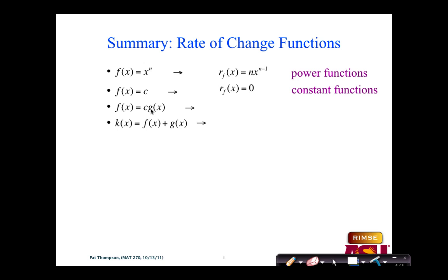But if this is describing a relationship between two functions, where one function is a multiple of another, such as in class when we talked about 4/3 pi x cubed, that 4/3 pi ended up being something we could just factor out of that whole x plus h and x over h process. So that constant just has the effect of multiplying what otherwise would have been the rate of change function by that same exact constant.